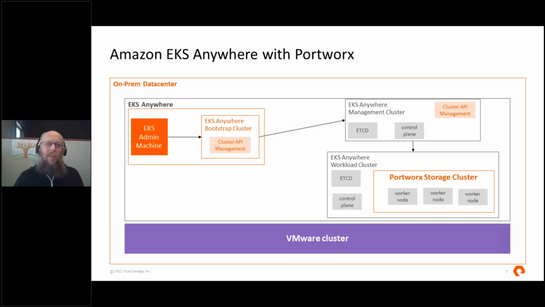We'll start out with the admin workstation, which is capable of running that initial Docker image, and we'll stand up that simple Bootstrap cluster. The cluster API management gets instantiated on that Bootstrap cluster, and then we'll generate our YAML config that actually defines the management cluster. Once we initialize that Bootstrap cluster running on our admin workstation, the EKS Anywhere management cluster gets initialized.